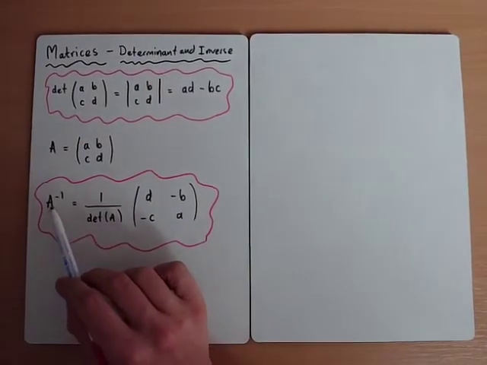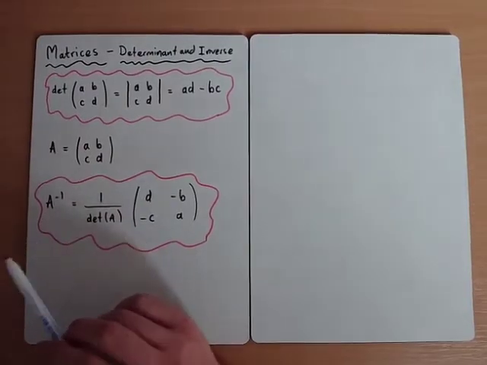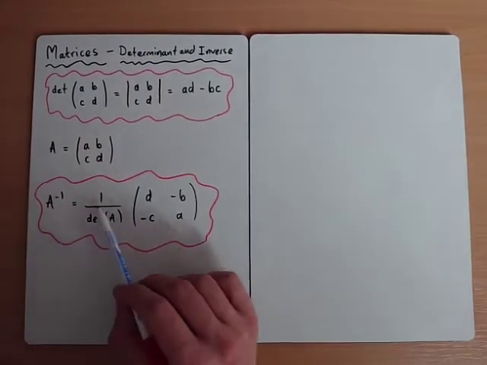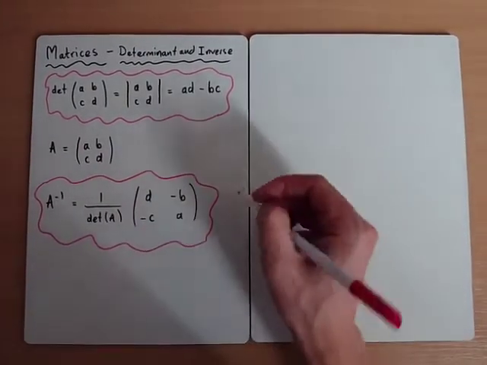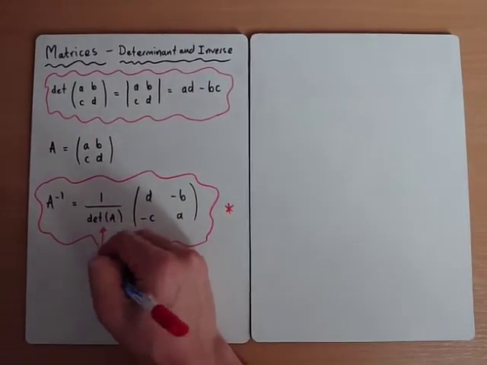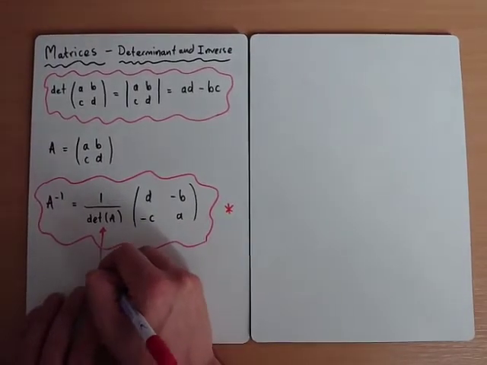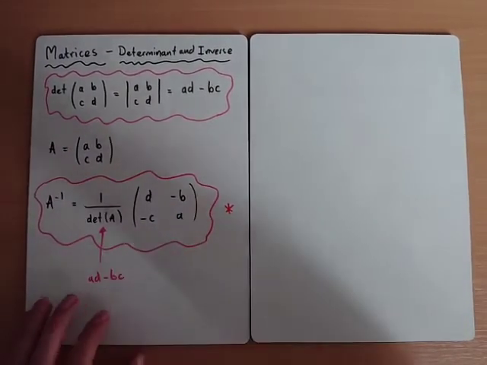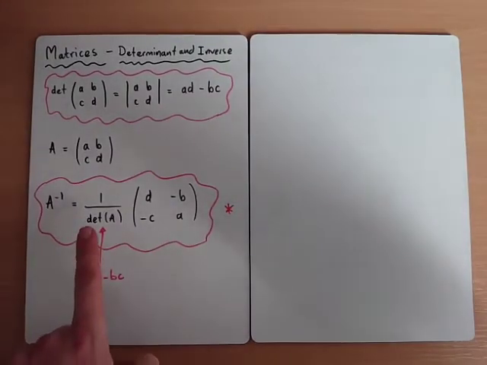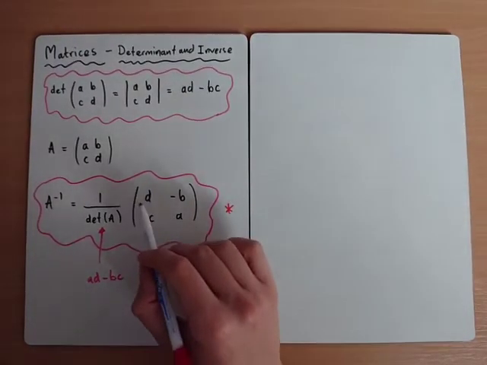If you wanted to find the inverse of a 2 by 2 matrix, the calculation, again, we need to remember. It's 1 over the determinant, so 1 over AD minus BC. We multiply the original matrix by this fraction, and we also have to adjust the elements in the original matrix.